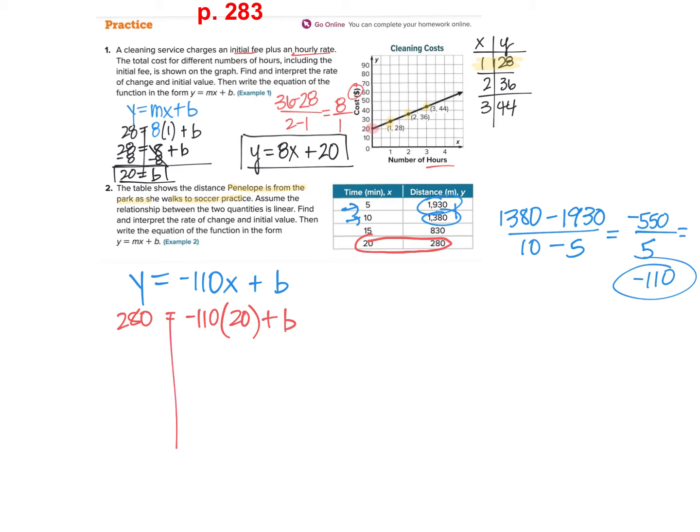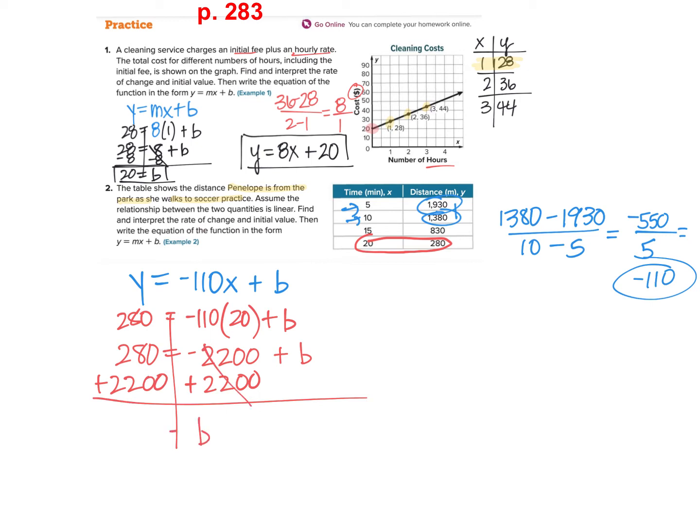Okay, if I work this out, again, you guys can use a calculator. I'm going to do 110 times 20, and it was negative, so negative 2,200 plus b equals 280. Okay, now I'm going to add 2,200, add 2,200.